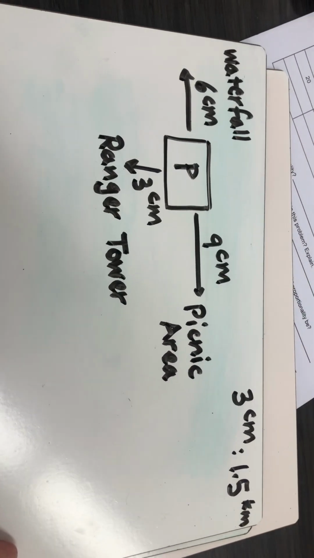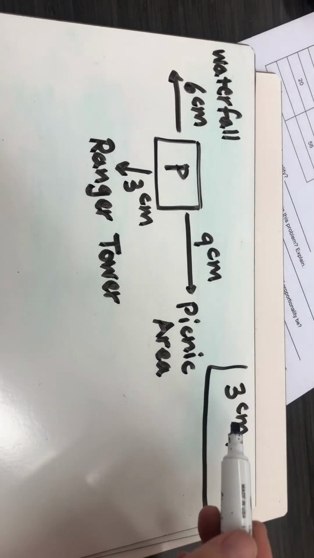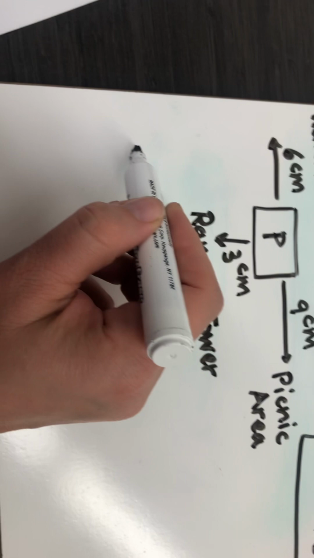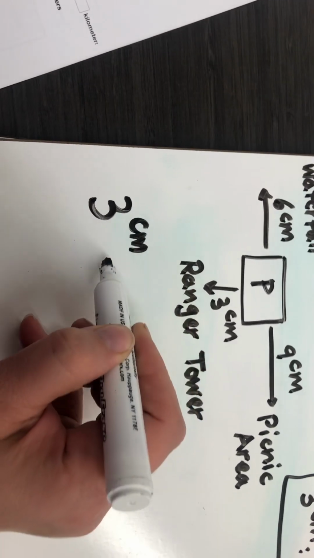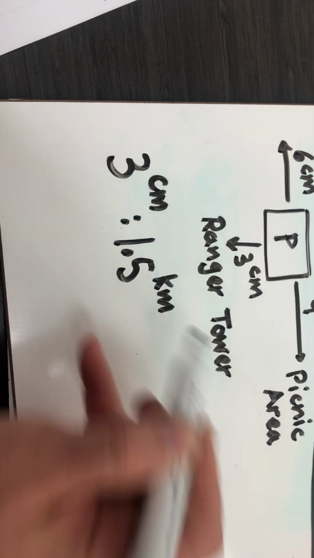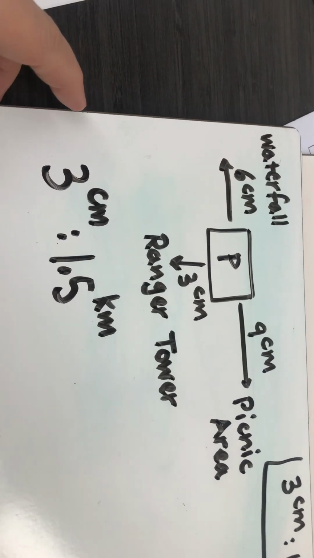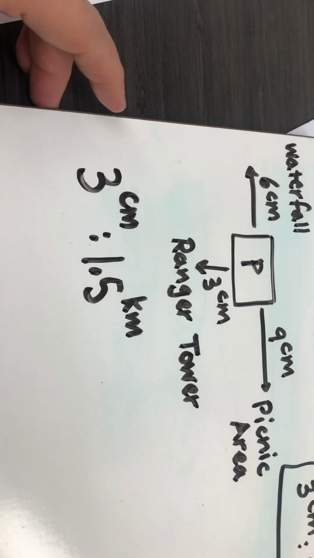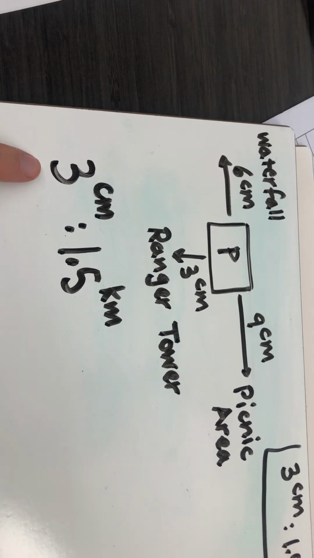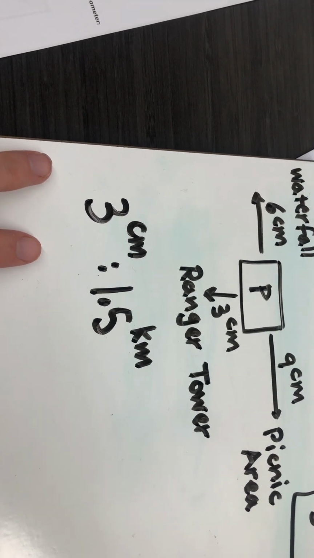I have my drawing here on my whiteboard. So here is the information that's provided for me. 3 centimeters represents 1.5 kilometers. So just for reference, 1.5 kilometers is probably going to take you about 30 minutes to walk. But that's only 3 centimeters, which is about this much on the map.